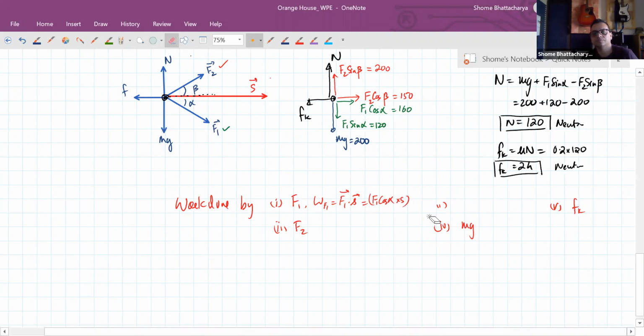It's quite easy. So work done by F1 is becoming how much? This 160 newtons multiplied with the displacement, which is 20 meters. So 3200 joules. Or you can also write this as 3.2 kilojoules.